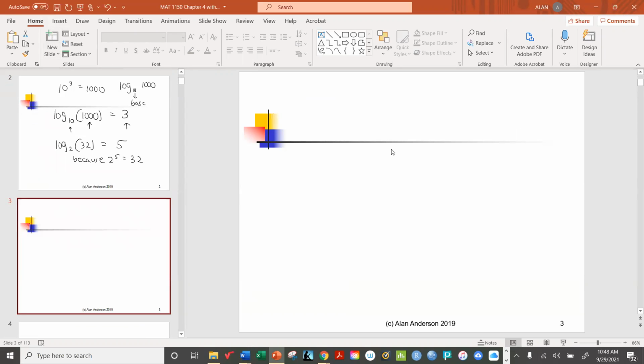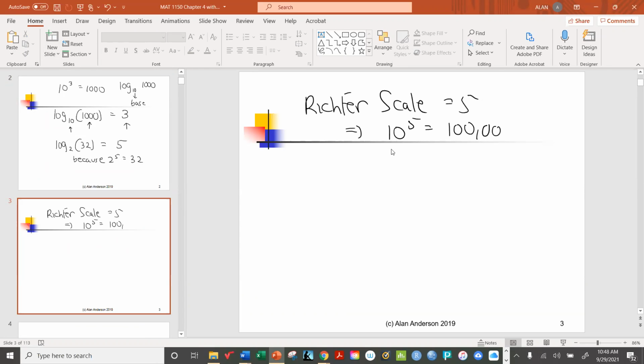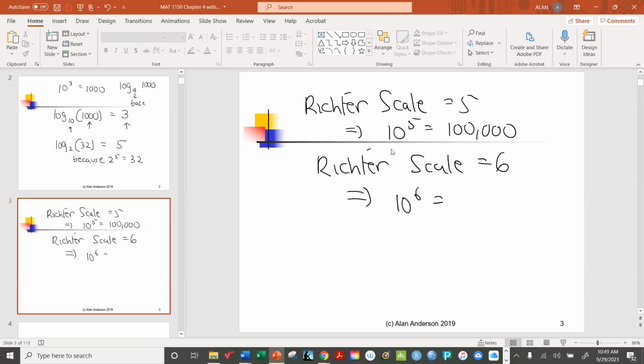If you were told that the Richter scale for an earthquake is 5, what they're really telling you is that the magnitude of the earthquake is 10 to the 5th power, which is 100,000. So that's why they say that when the Richter scale goes up by 1, let's say from 5 to 6, the magnitude of the earthquake is actually going up by a factor of 10.